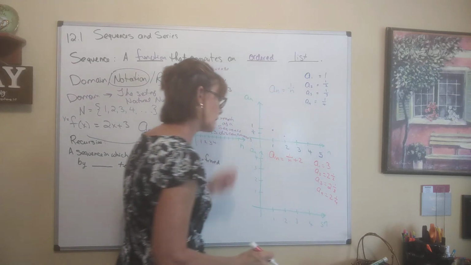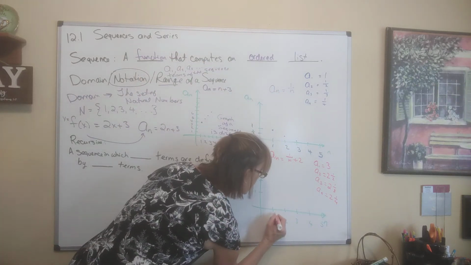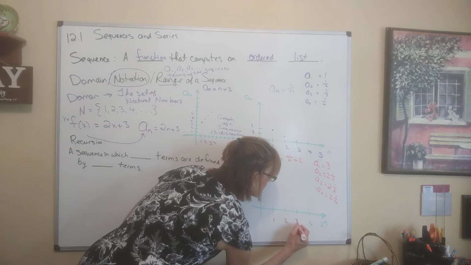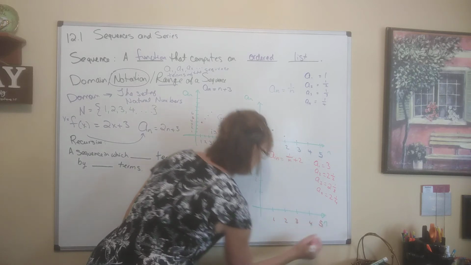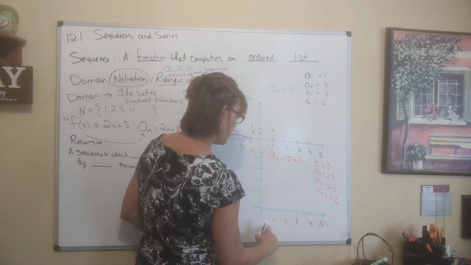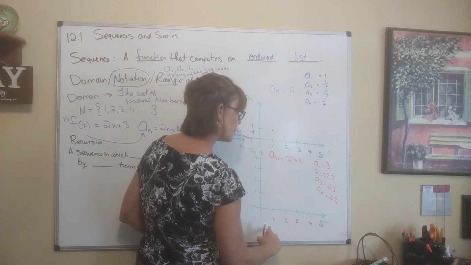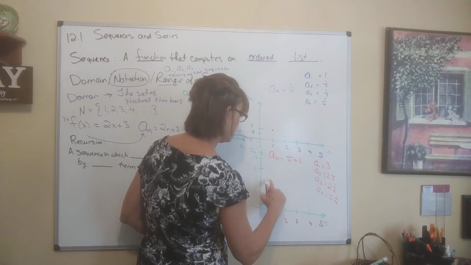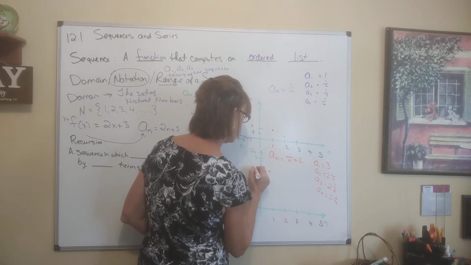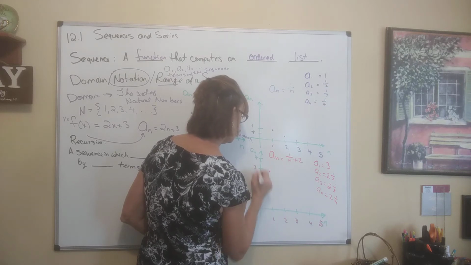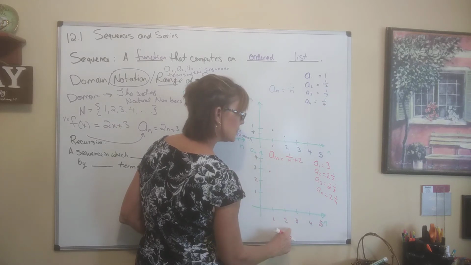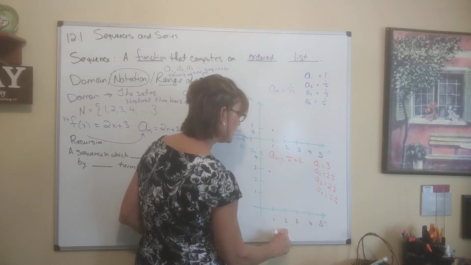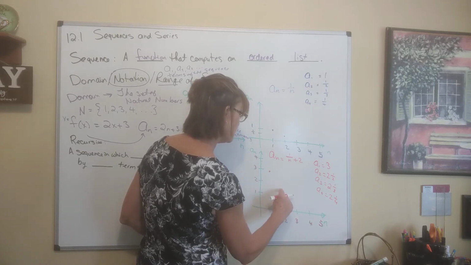What's going to happen here? Okay, this is the red graph, 1, 2, 3, 4, 5. So when n is 1, the first term is 3. We're up here. When n is 2, a sub 2 is 2.5 right there.